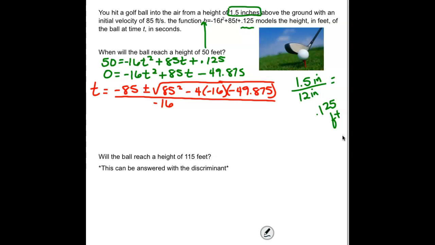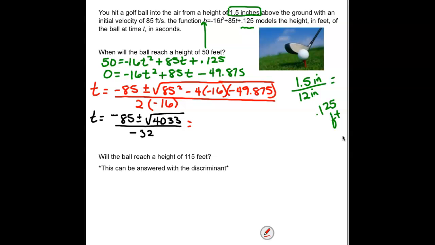All right, checking your answers. Under our square root, we should have had 4,033 when we simplify that discriminant. I'm sorry, I forgot my 2 times a on the bottom. So you should have divided by negative 32. All right.